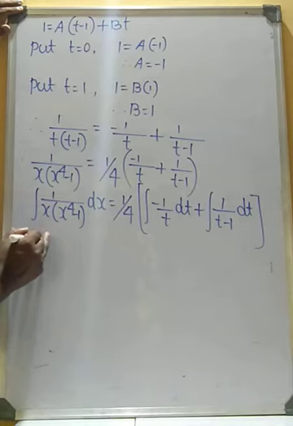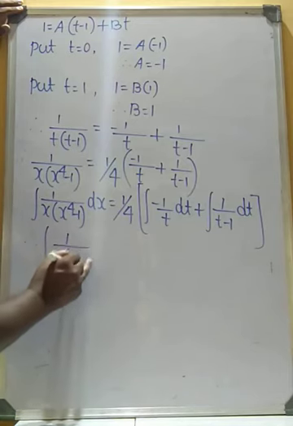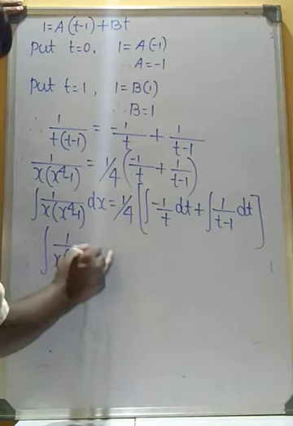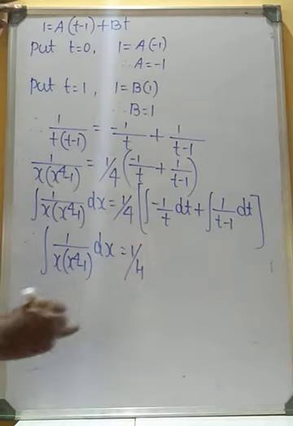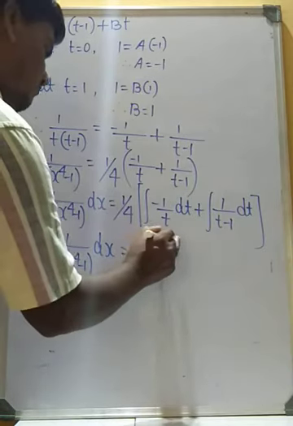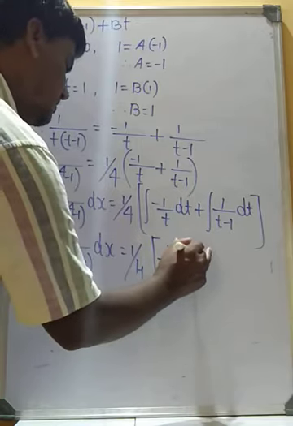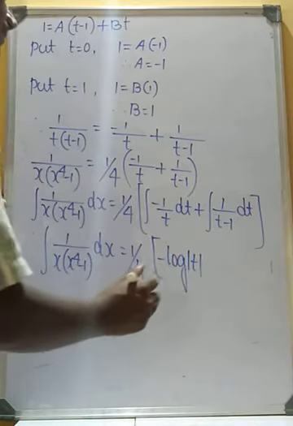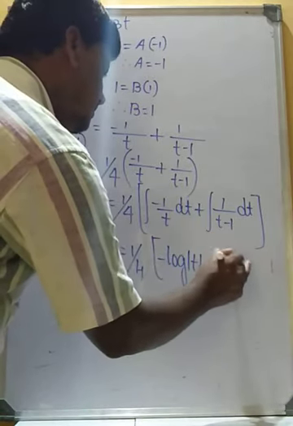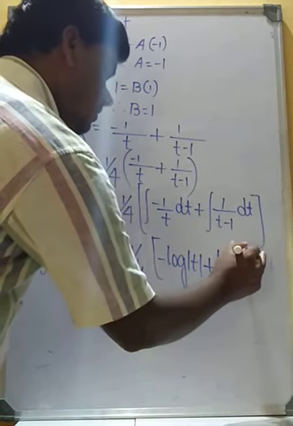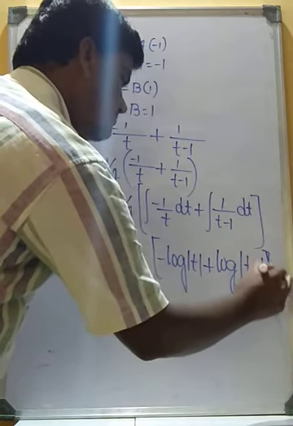So therefore integral of 1 divided by x into x to the power of 4 minus 1 into dx equals 1 by 4, integral of minus 1 divided by t, that is equal to minus log of mod t, plus integral of 1 by t minus 1, which is log of mod t minus 1, plus c.